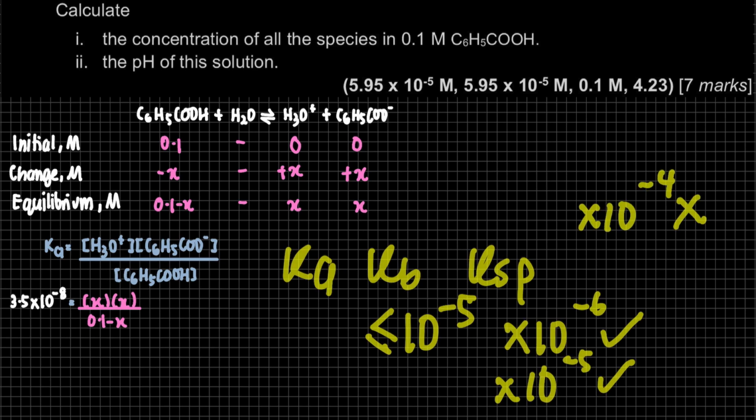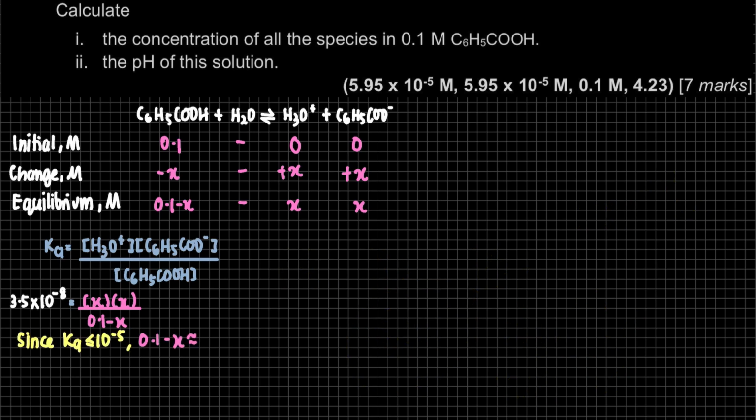It must be smaller than or equal to that. So what are the rules or exceptions? We will take our denominator and ignore the x. We can only take the value. This is only for the case of chapter 7: Ka, Kb, Ksp.